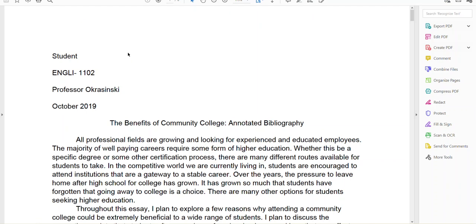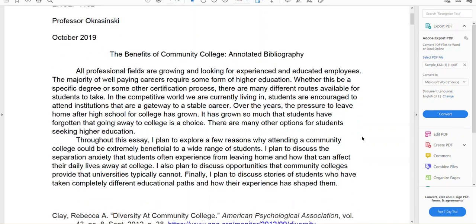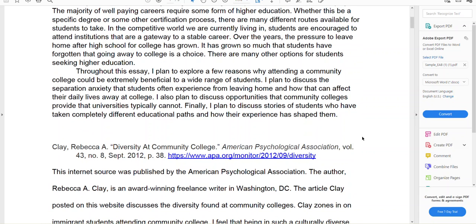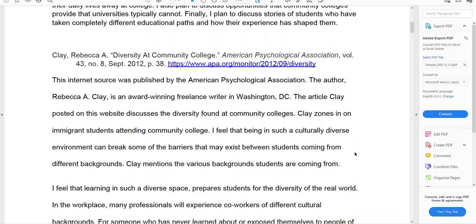I also have here, hopefully it will open up. Yay. Here's an example from an English 1102 student. This particular topic was the benefits of community college. You have your introduction. You have your citations here. Okay, we are using MLA. The internet source here was published by the American Psychological Association, the author.